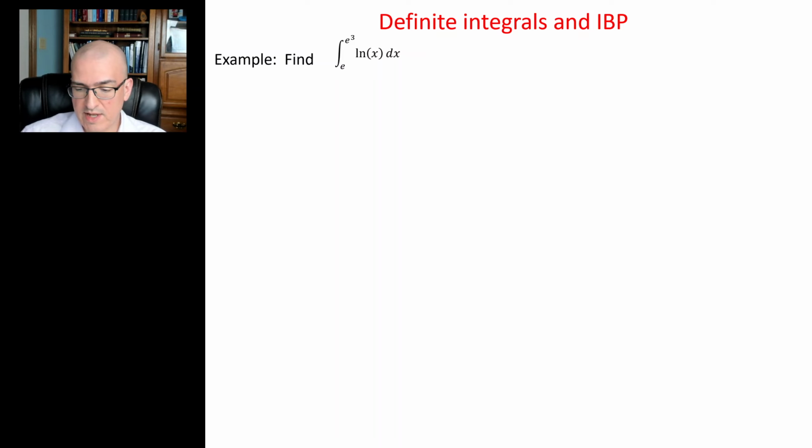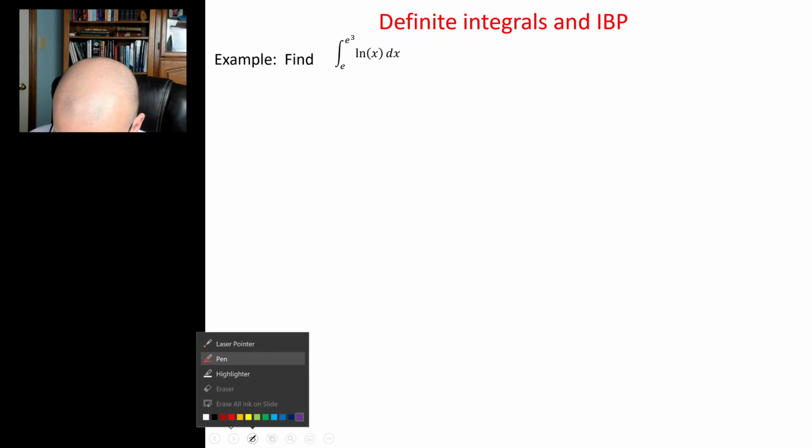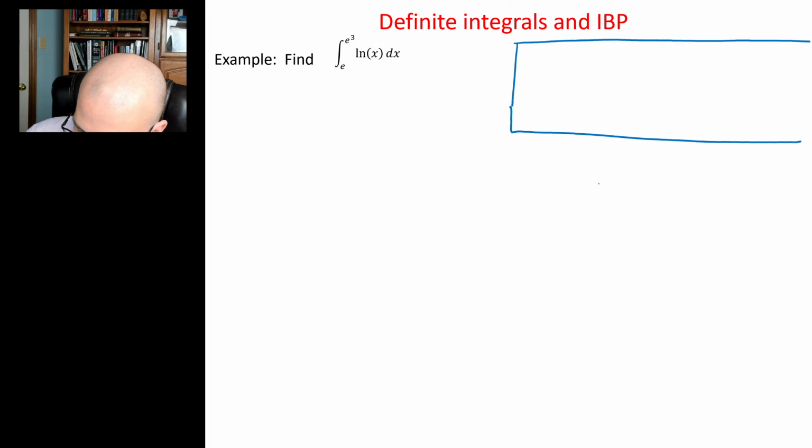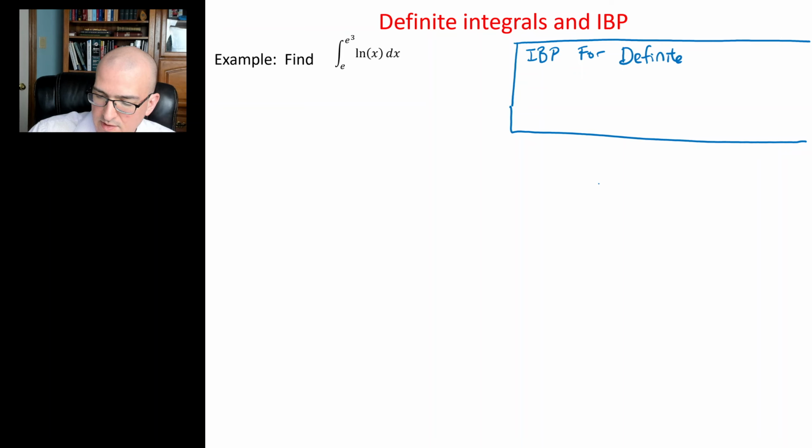If we look at integrals that have bounds, we can also use integration by parts with a small modification of the formula. So I'll show you what that modification is. I'll put it in this box here. IBP for definite integrals.